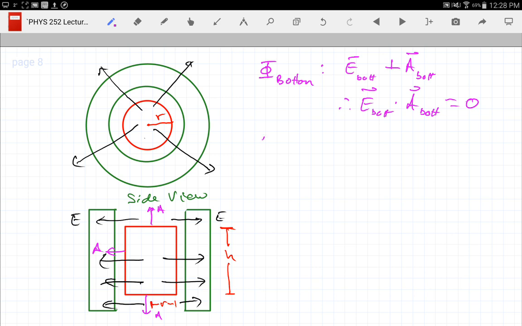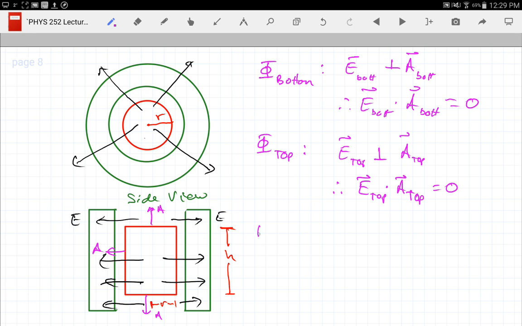I should have said trivial because they're all easy. How does the electric field on the top direction relate to the area on the top direction? They're perpendicular, so once again, if they're perpendicular, then these 3 dots just means therefore, E top dotted to the A top is equal to 0.